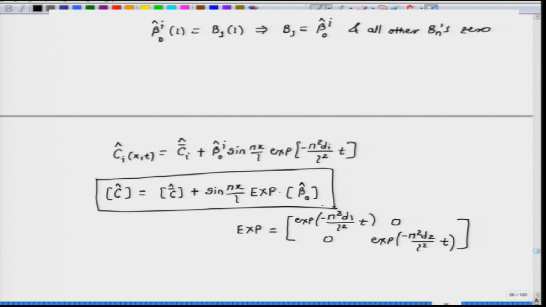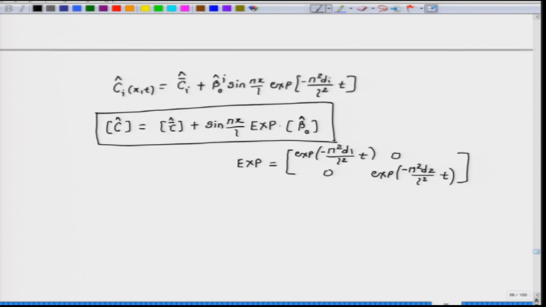Now, we want to convert back to the original basis. So, we do a reverse operation. If we pre-multiply both sides by the matrix P, P times C cap will be the original matrix C, the matrix of original concentrations. P times C bar cap would be matrix of C bar.